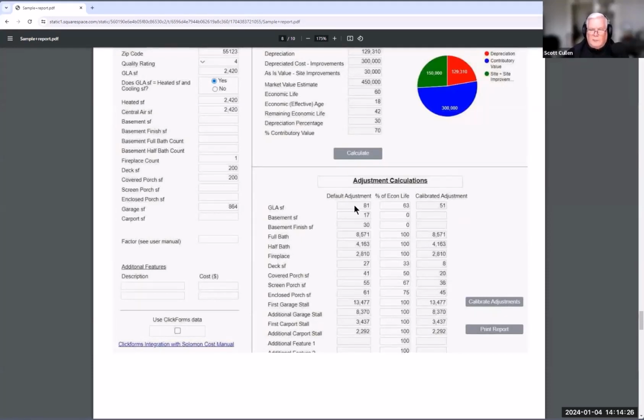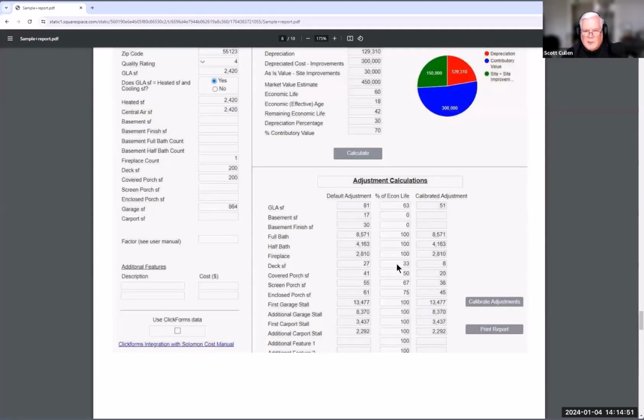The problem with depreciated cost, it's got a lot of advantages, but one disadvantage is that some parts of the house depreciate faster than other parts. So we try to handle that by saying percentage of economic life. Like down here for the deck, I've said 33%, meaning a 20-year lifespan for a deck, right? Economic life is 60 for everything as a whole.